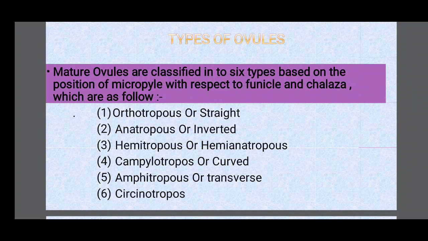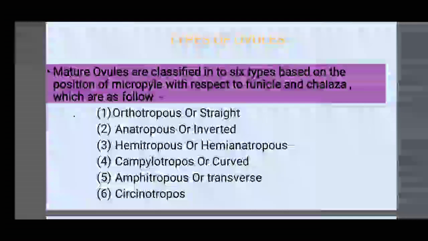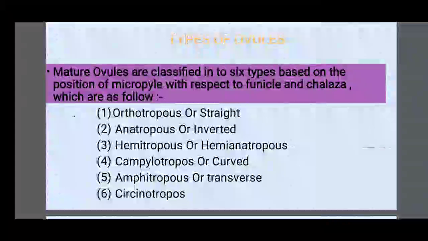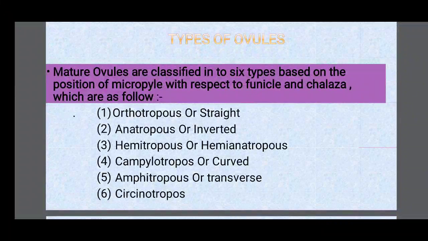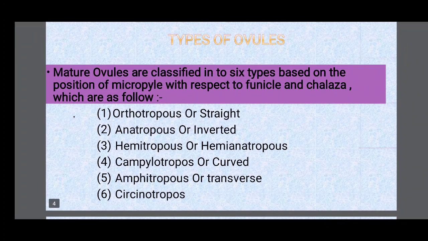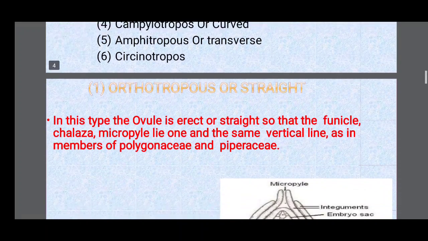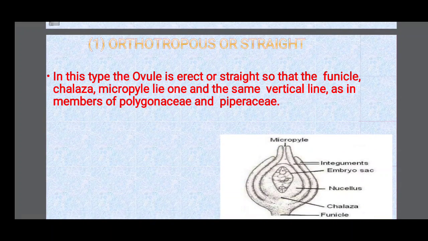Number one, orthotropous or straight ovule. Second, anatropous or inverted ovule. Third, hemitropous or hemianatropous ovule. Fourth, campylotropous or curved ovule. Fifth, amphitropous or transverse ovule. Last, the circinotropous.